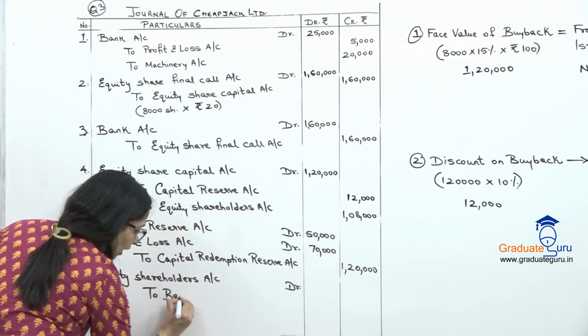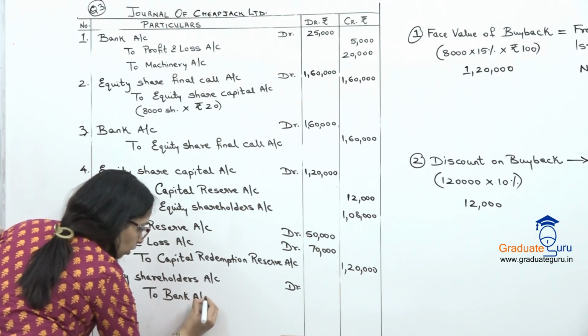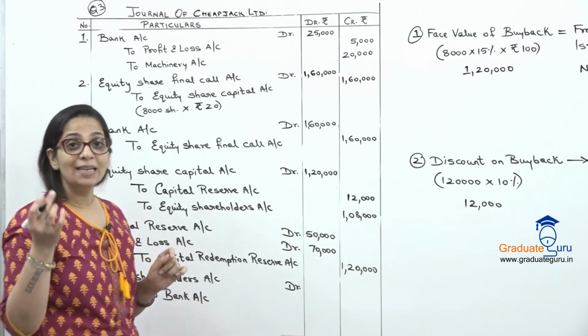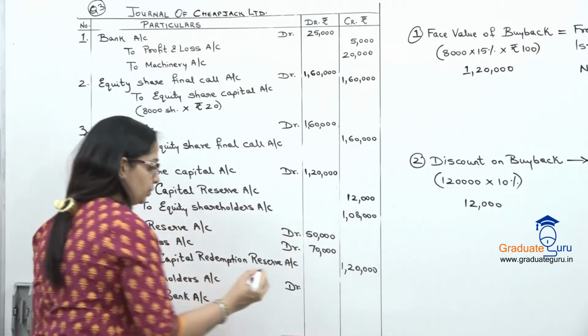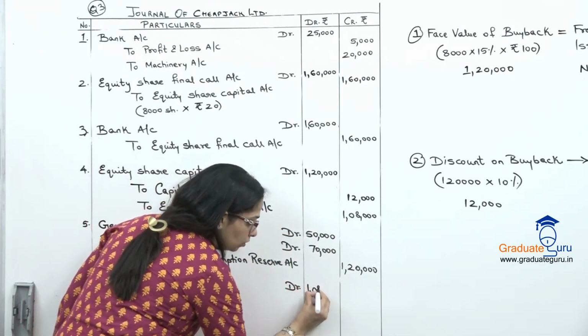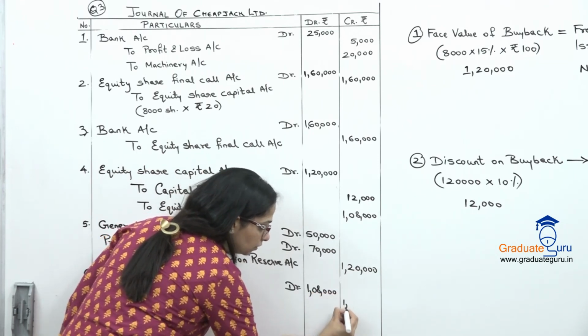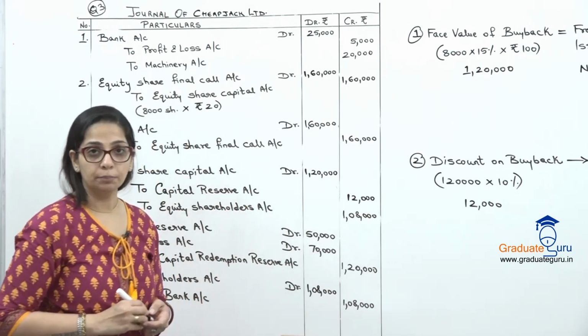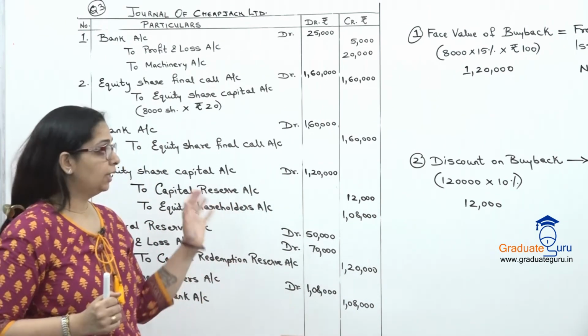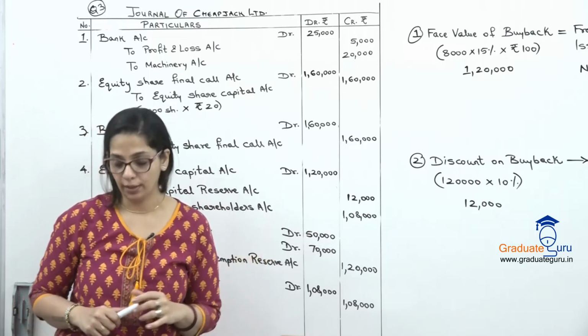So to bank account. What will be the amount? Net amount after discount. 1,08,000. So, we'll pay that. And that will be the end of this sum. Okay? Hope you've understood it. Take it all down and then we go ahead.